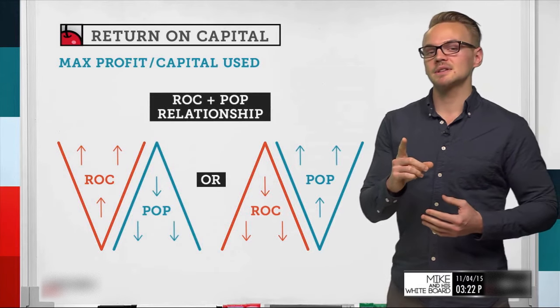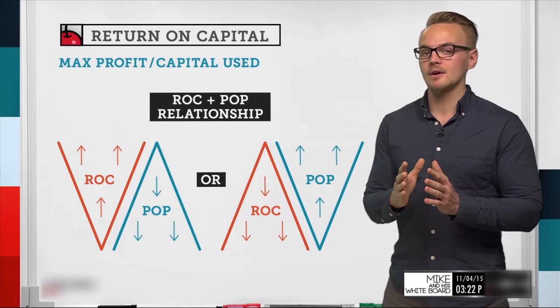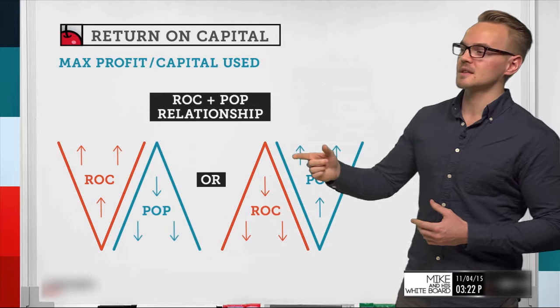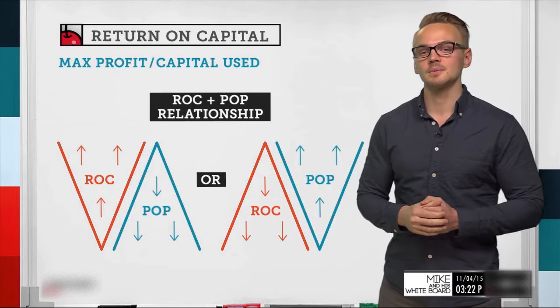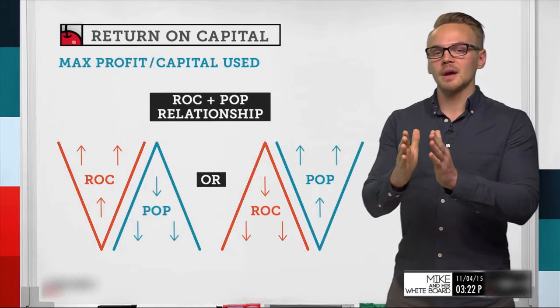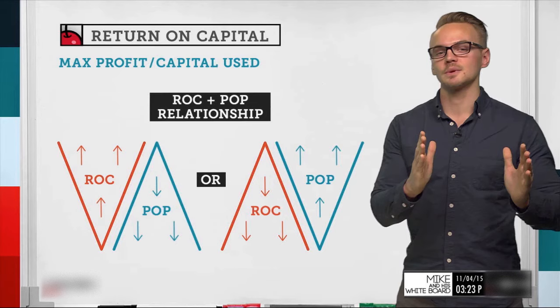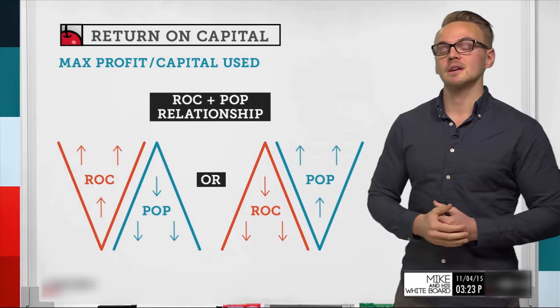But since I'm collecting a lower credit, my break-even price is going to be more narrow than if I were to have just sold that option naked, which is what gives me the higher return on capital but a lower probability of profit, which is generally what we see when we compare selling a naked option to selling that naked option and defining the risk. Generally, we're going to see that higher return on capital but a lower probability of profit.